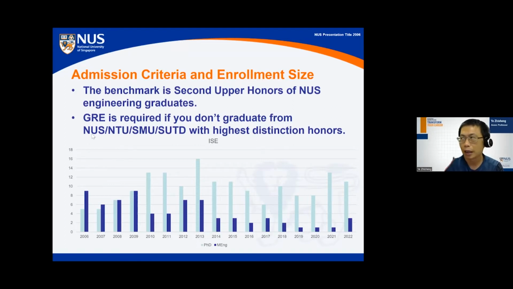GRE is required if you do not graduate from NUS, NTU, SMU, or SUTD with the highest distinction honor. Highest distinction honor means that your CAP is not lower than 4.5. Except for these universities, you need to take GRE.